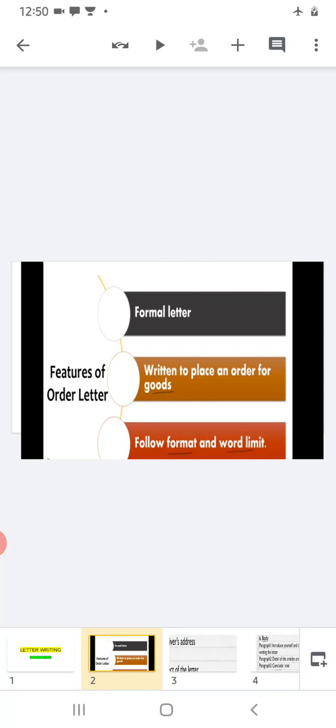First of all, let us see some features of an order letter. An order letter is a formal letter, so all the points have to be kept in mind while you write a formal letter.